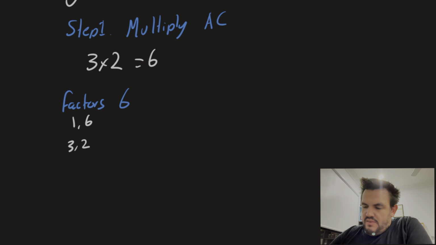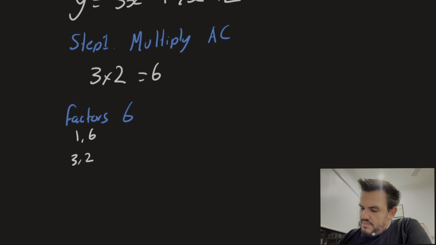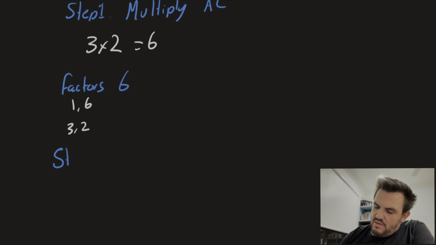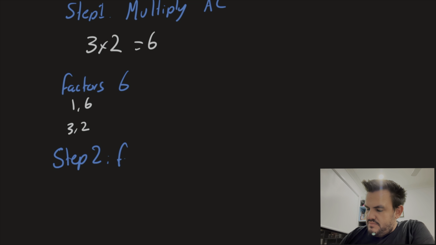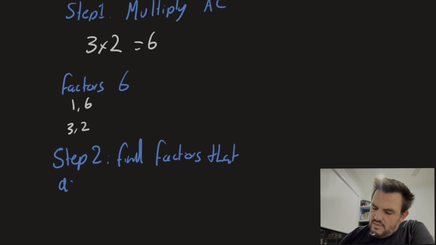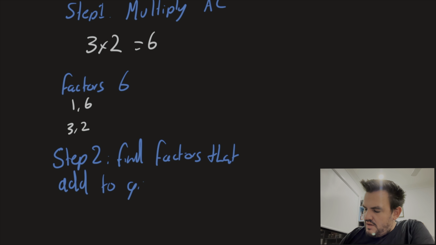Now, you don't need to write this out every time. It's just me showing you how to do it. I want to have a look at those factors, and out of those two sets of factors that I have, figure out which one I have that adds to give me my b term. Okay, so step number 2 is find factors that add to give me b.